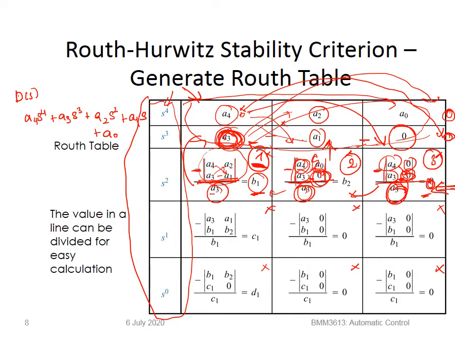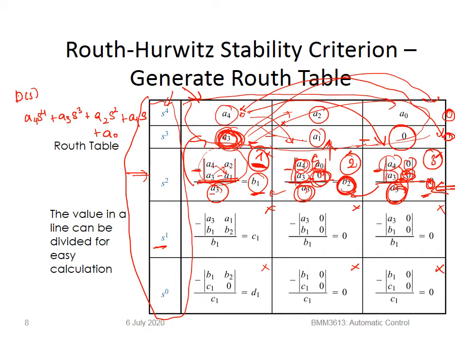In the previous square, the calculation becomes b2. We call this b2. So we finish filling in the calculation for the line of s^2.